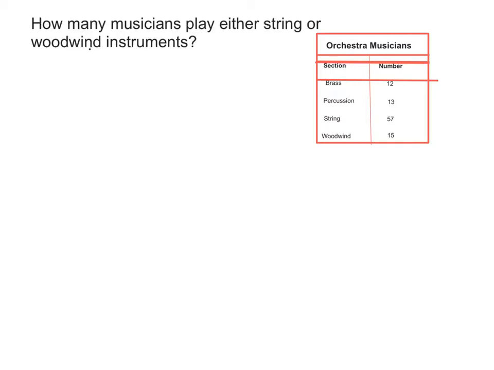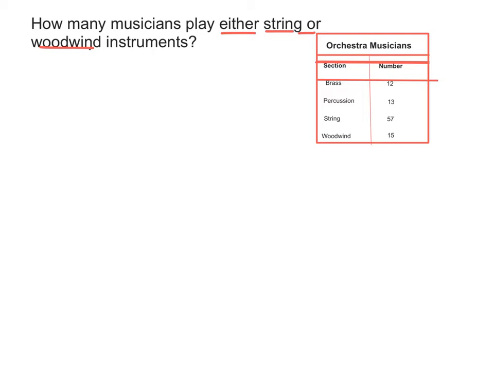So let's look at our word problem. How many musicians play either string or woodwind instruments? So we need to figure out how many musicians play either string or woodwind instruments.